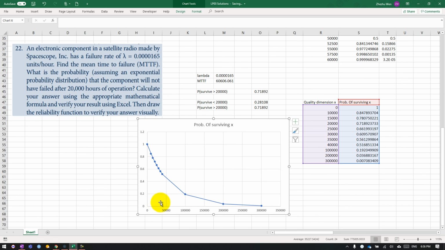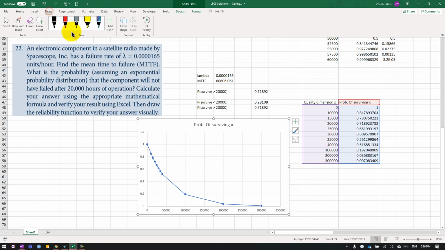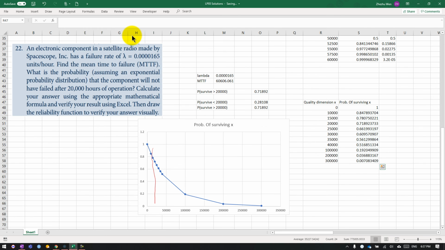So 20,000 hours is somewhere here, right? It's not visible, but I'm pretty sure 20,000 is here. Anything before this point, this proportion, is the probability of failing before this point.